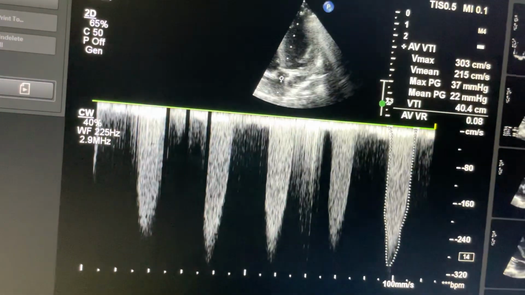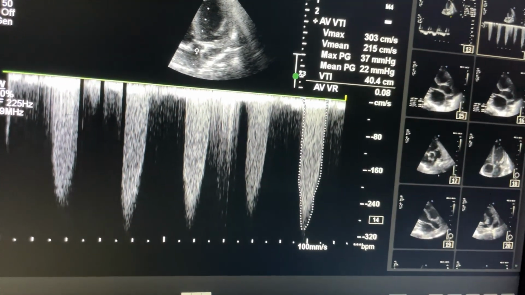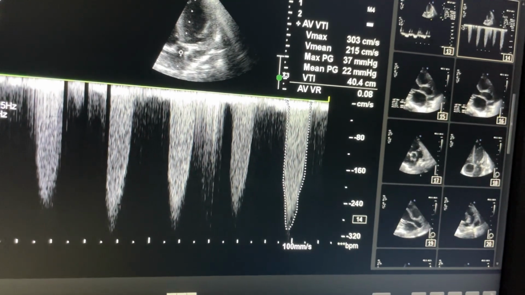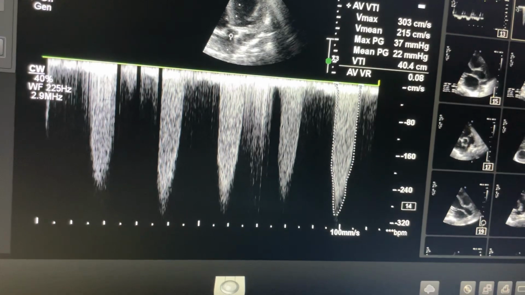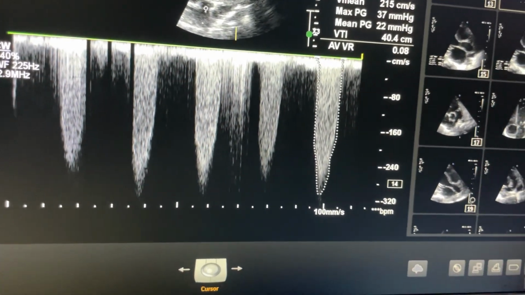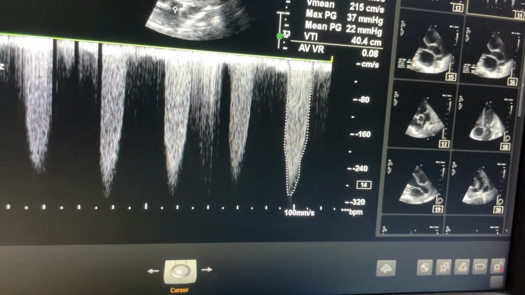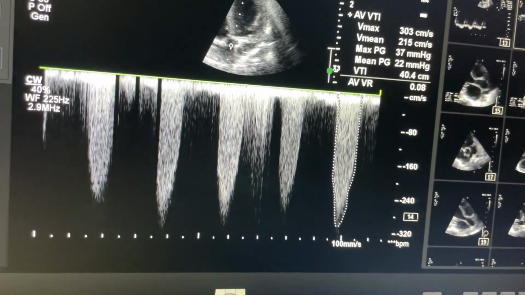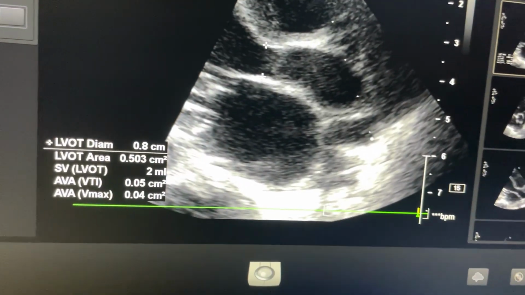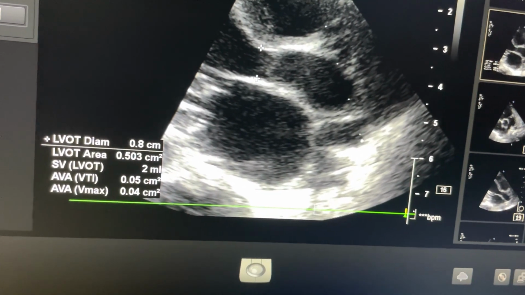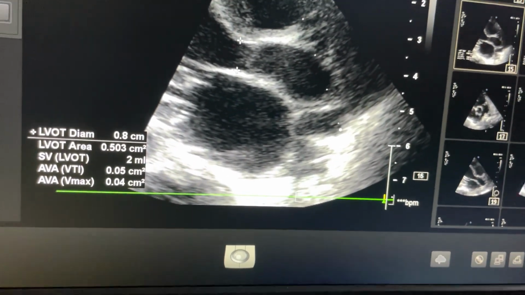In the next image, this is the velocity across the aortic valve. Again you take the velocity time integral by tracing like this. The next thing is to measure the diameter of the LVOT in the parasternal long axis.